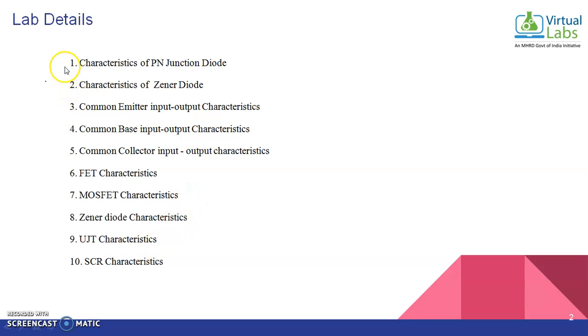For this lab, we are going to study 10 experiments. The first experiment is characteristics of PN junction diode, and the second experiment is characteristics of Zener diode, and third experiment common emitter input output characteristics, and fourth one common base input output characteristics, and fifth experiment common collector input output characteristics, and sixth experiment FET characteristics, and seventh one MOSFET characteristics, and eighth one Zener characteristics, and then UJT characteristics, and also SCR characteristics.